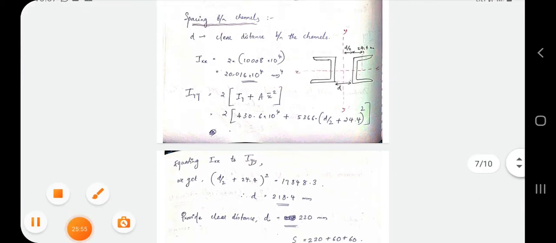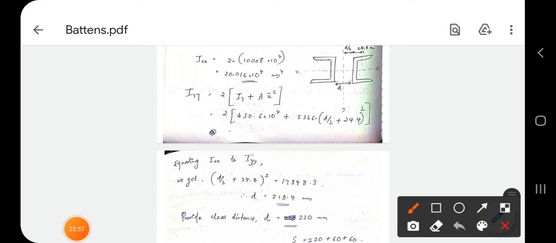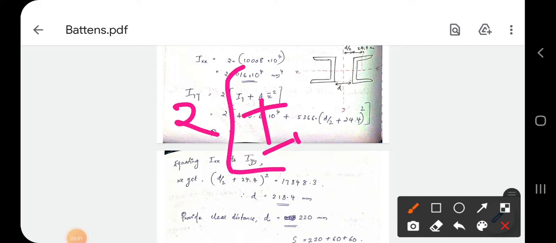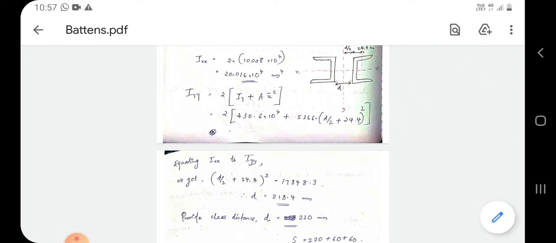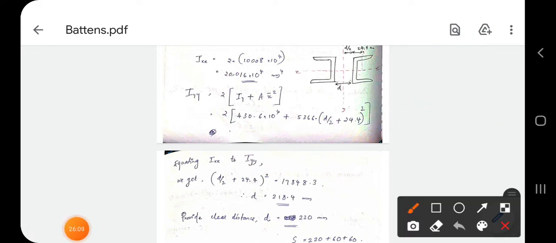Whereas for Iyy, moment of inertia about y axis, 2 times Iy plus A into x bar square, where x bar is the distance from neutral axis of the whole section to the neutral axis of the individual section.